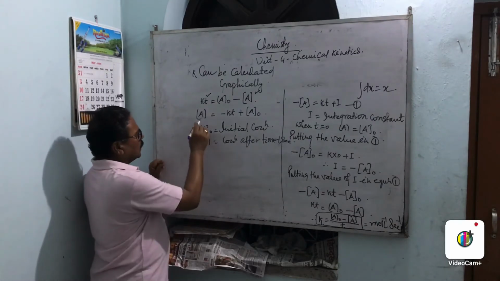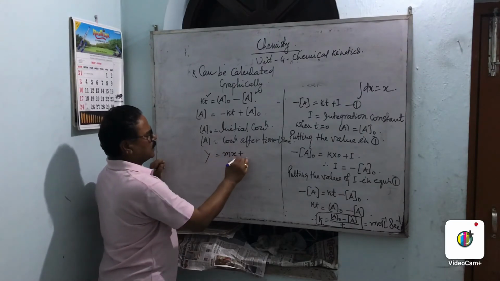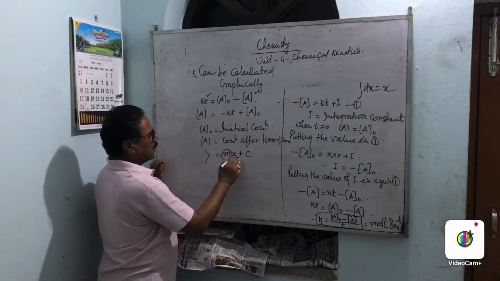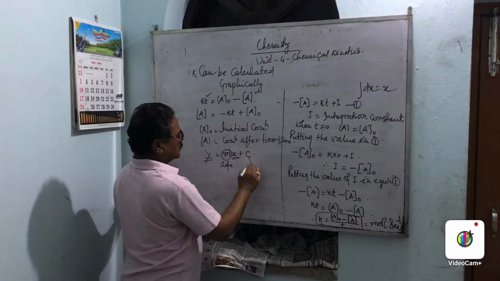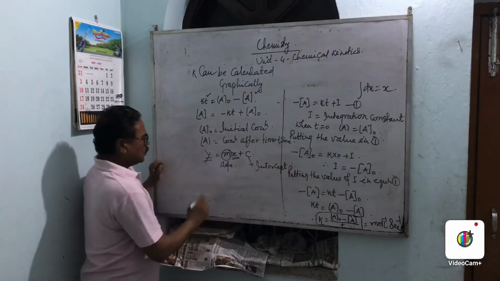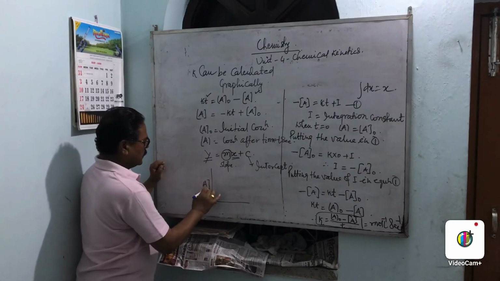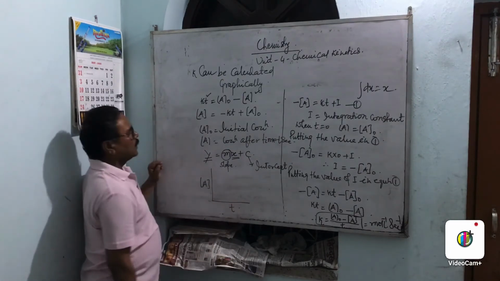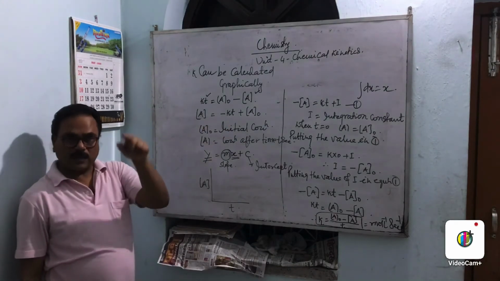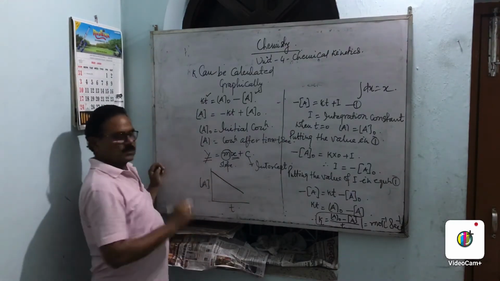So in the equation y is equal to mx plus c, m is the slope, x and y are the axes, here it is t, and c is the intercept. When we plot a graph like this, there is a constant and this is t. If m is negative, it means the slope will be negative, so the curve comes down this way. A straight line.